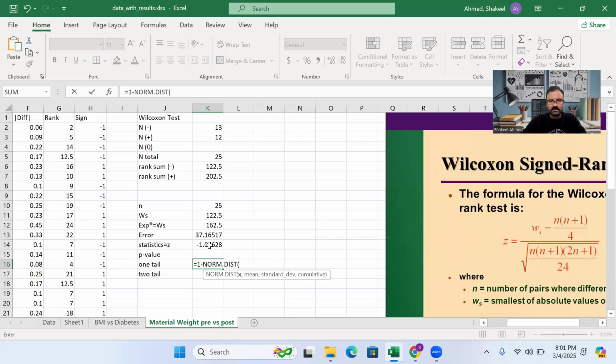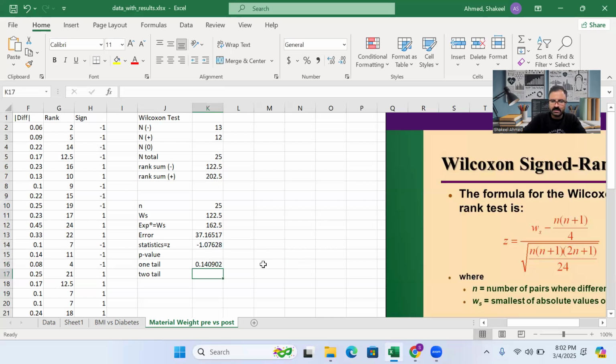So you can just find this value, but you need to use the absolute of this value, as this is negative. Basically, we are finding the area below the z statistic and subtracting from 1. Basically, we are going to find the area above the z statistic. So the mean is 0 and the variance is 1, and cumulative is true. So the p-value for one-sided, and for two-sided, you can just multiply it by 2.